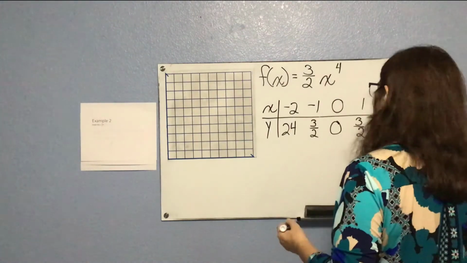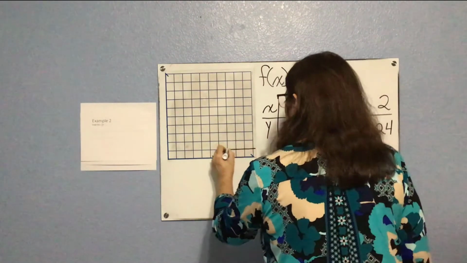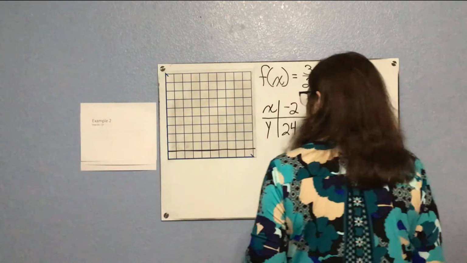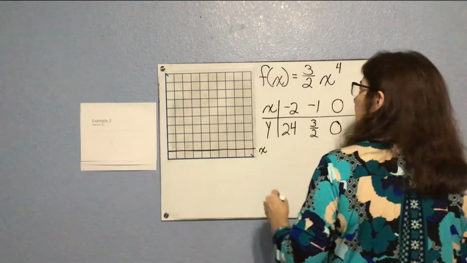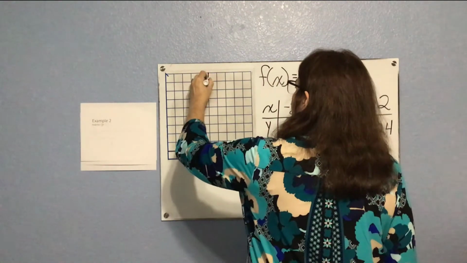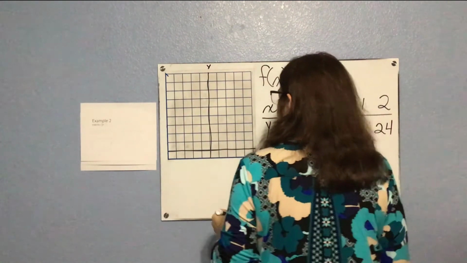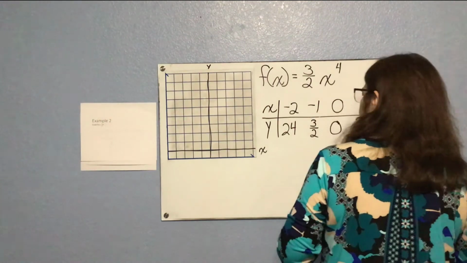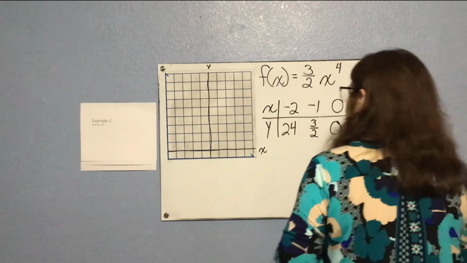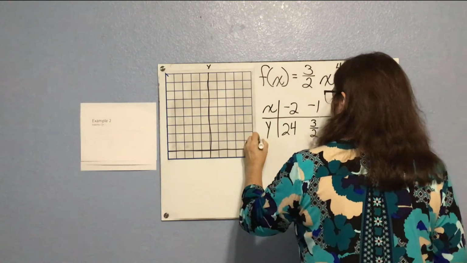Since all our y values are positive, I'm going to leave the x-axis pretty low, and we'll make the y-axis right in the middle again. We need to go all the way up to 24, so I'm going to go by 4s.